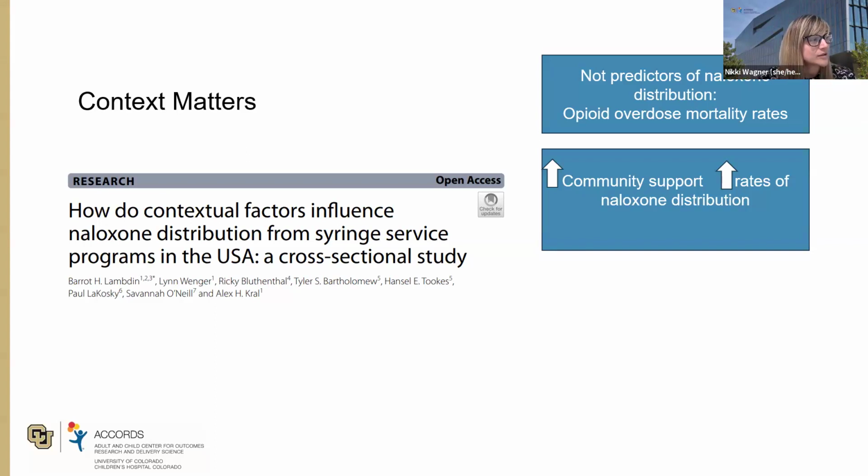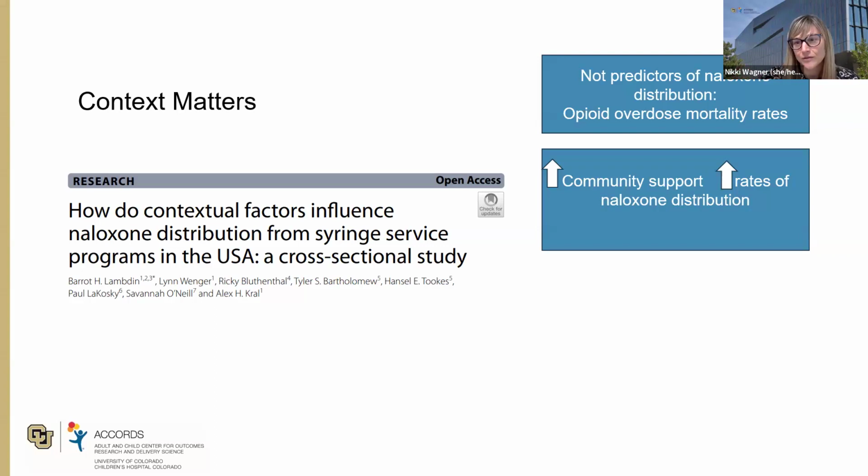What Dr. Lambden was doing was looking at syringe service programs throughout the state and identifying contextual factors contributing to the distribution of naloxone in these communities. Surprisingly, what he found was that it wasn't overdose mortality rates, which is really the best measure we have of a community that needs naloxone.